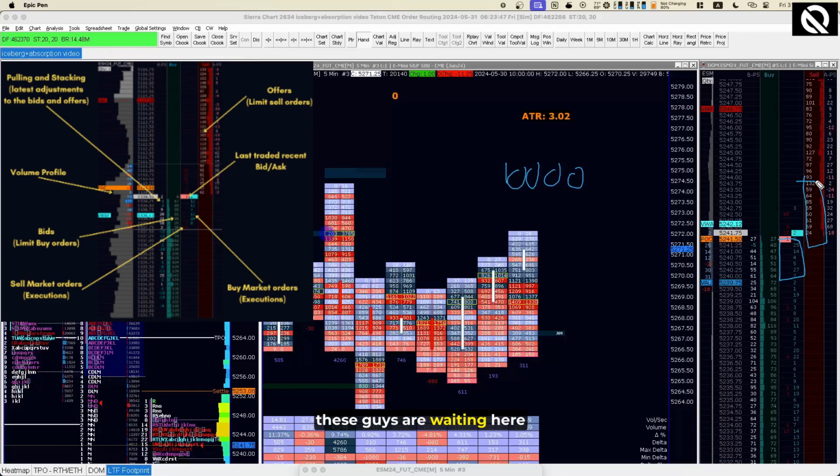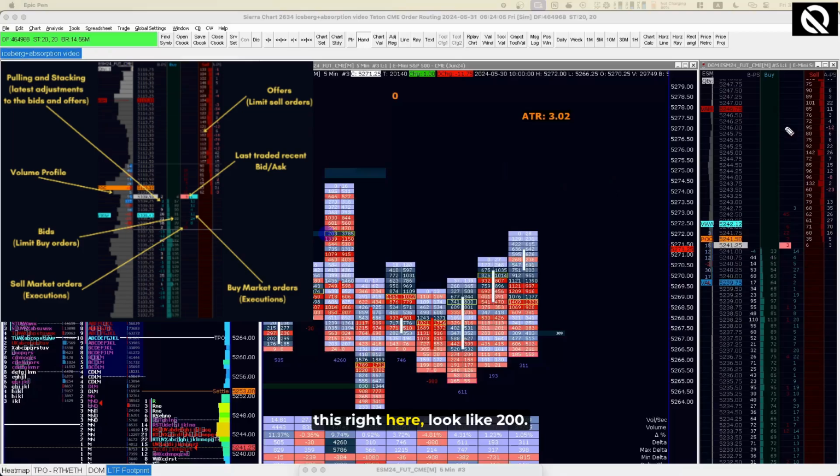These guys are waiting here with their limit orders waiting to get filled, okay? So what you will see here is probably this order being split into smaller contracts, for example, of 200, okay? So they will have this right here look like 200.